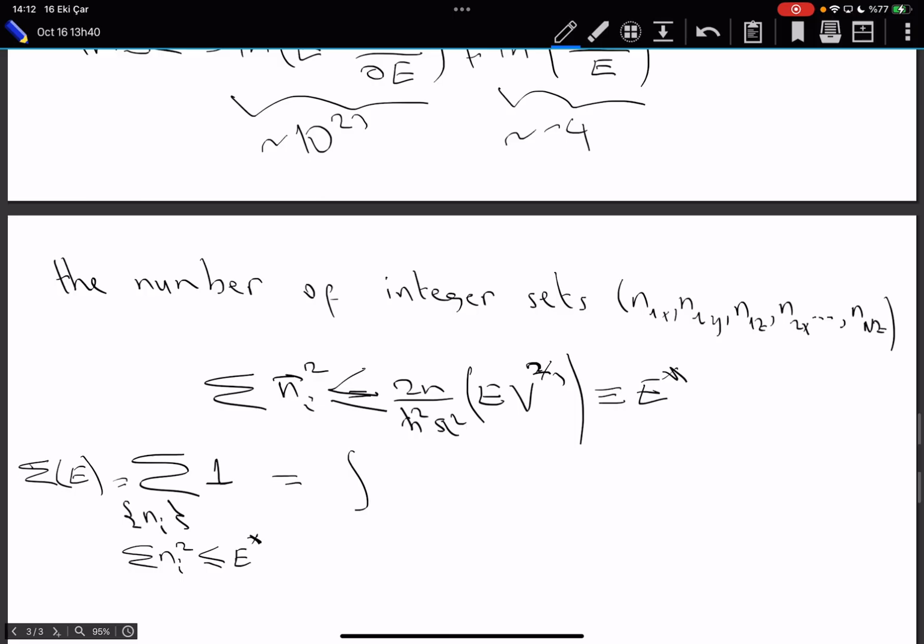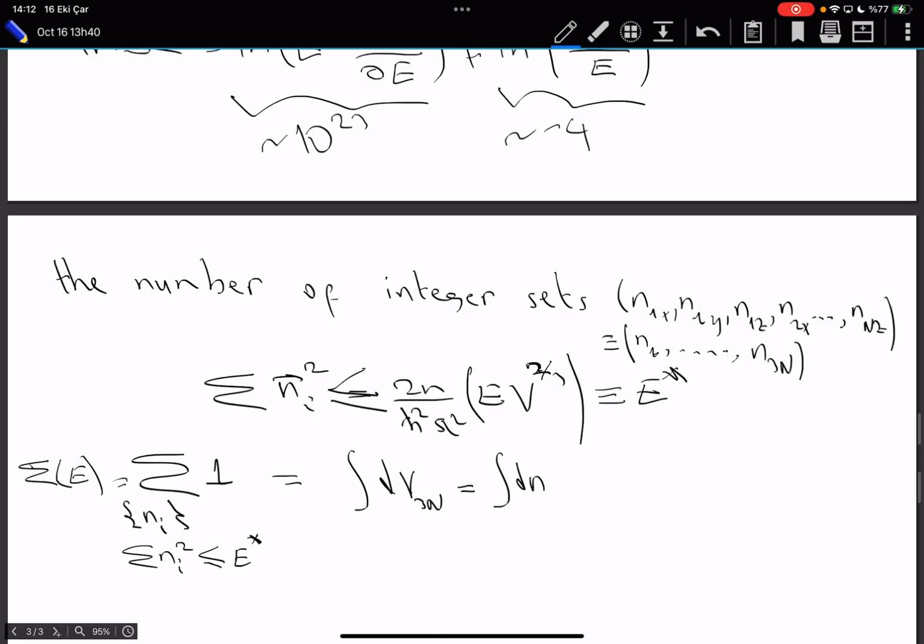The volume is just the integral of the volume element in 3n-dimensional space of my region, which will be the integral over dn, well, let me just call this n1 up to n3n, this set.